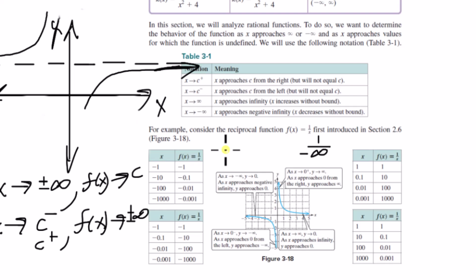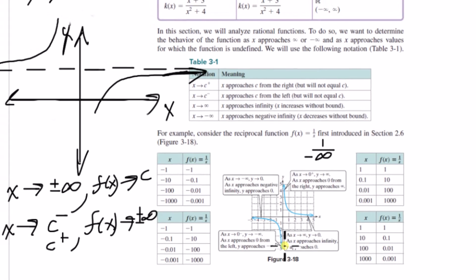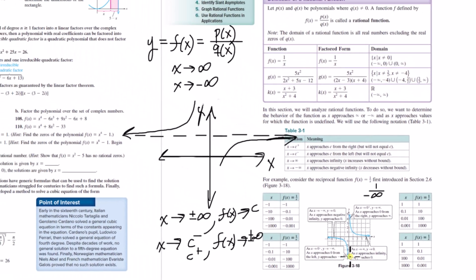All we could really do was maybe plug in a couple of values, like plug in x is equal to 1 and x is equal to minus 1. Test for symmetry. This does look like it's an odd function. So get some extra points to help aid in sketching the graph. But other than putting in the asymptotes and drawing the function's asymptotic behavior, that's really it. That's the only main features of this graph.